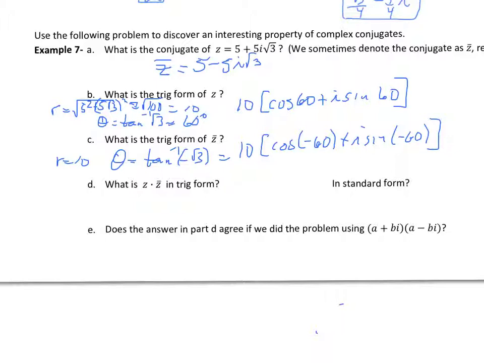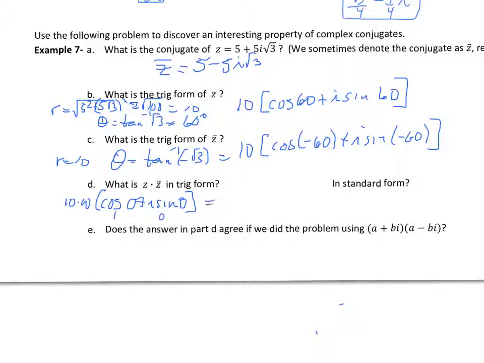All right. So what is z times z bar in trig form? Let's see. So we get 10 times 10 times the cosine of 0 plus i sine of 0. What's the cosine of 0? 1. The sine of 0? 0.